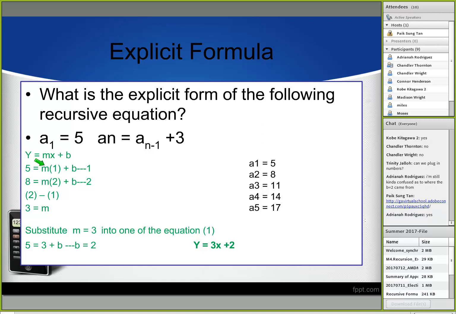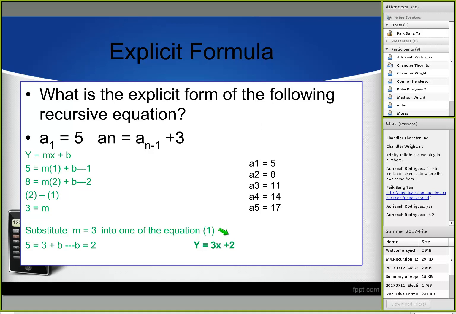Okay? So I get phi equal to 3 times 1, so I get 3 plus b, right? So 3 plus what number gives you 5? 2. Yeah, that's where I get the 2 from.